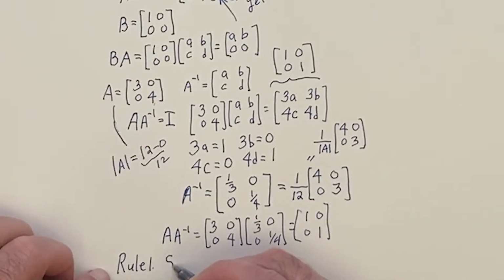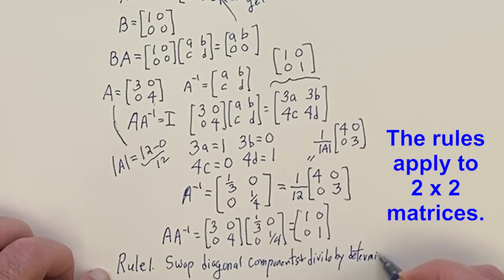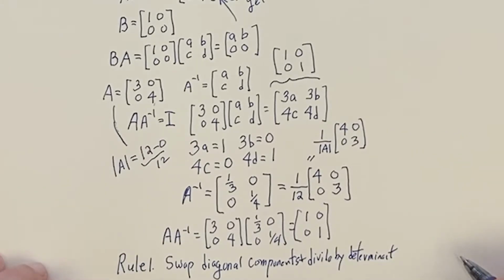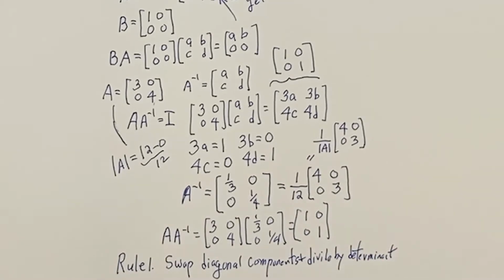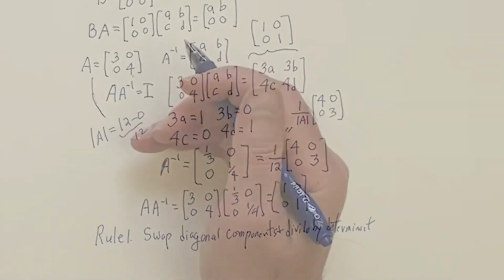So that's rule 1: swap diagonal components and divide by determinant. And this will work with imaginary numbers too, and complex numbers in general.